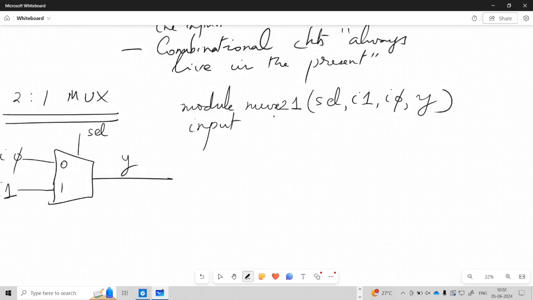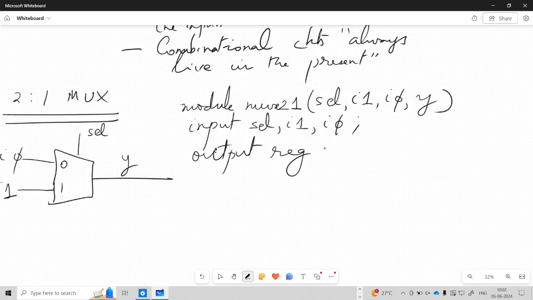Then we have the declarative part where the port directions are declared. We have the inputs comprising the select, I1 and I0 lines, and we have the output, which is just a single line, that is Y. Of course, you can see that I have declared the output to be of a reg signal type.